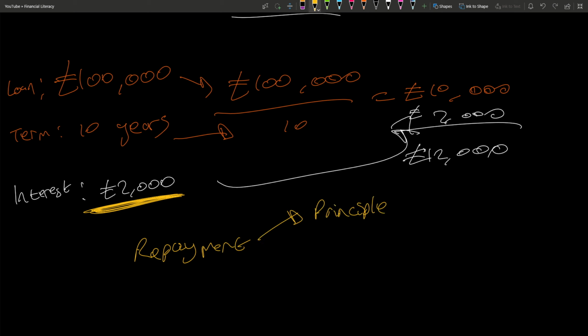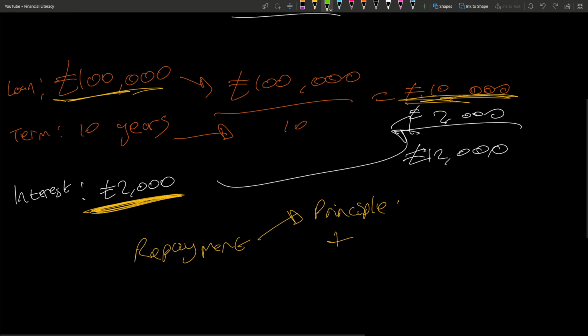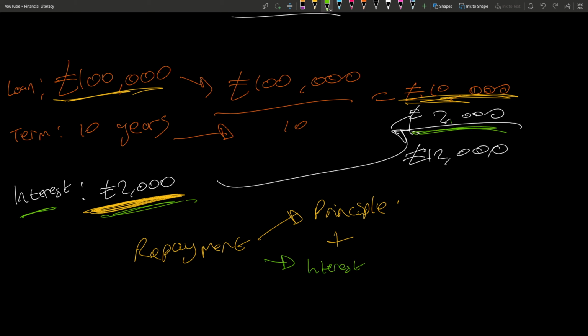So that is the amount borrowed over the term, and that would be the amount per year, and you could divide that by 12 to get the amount per month, for example, plus the interest as well. I'll do this in green, plus the interest as well, which is obviously this and this, and all of this is basically this number here.